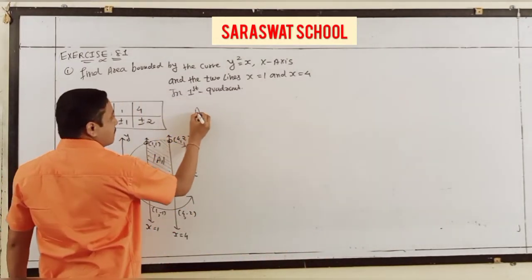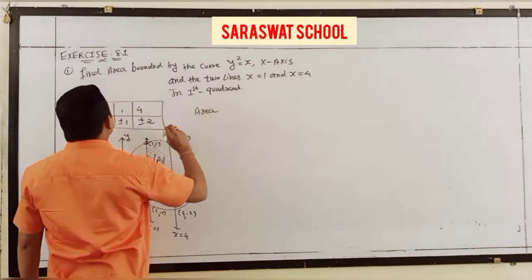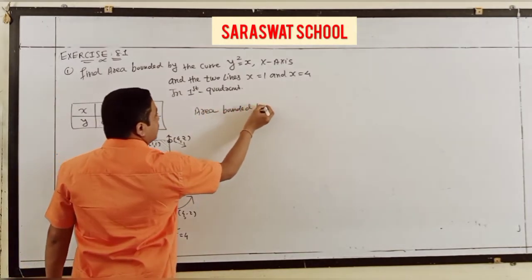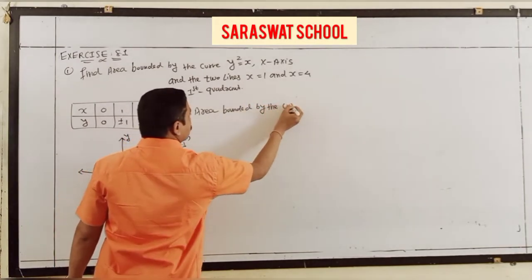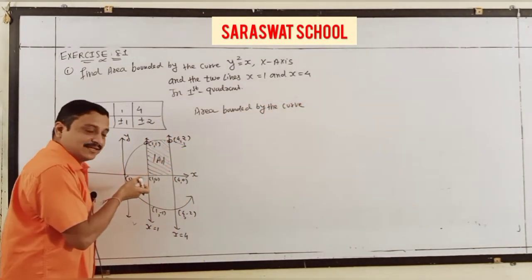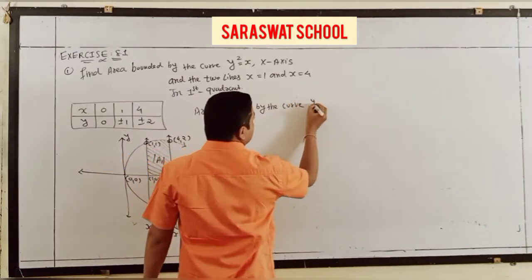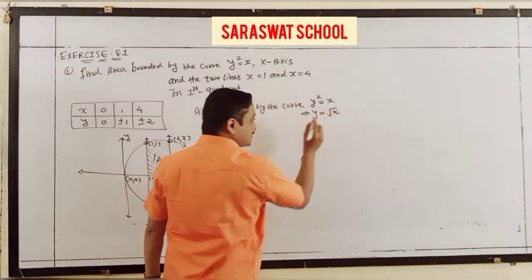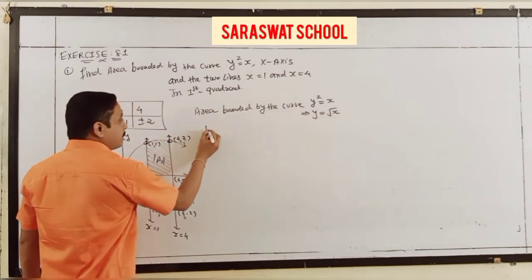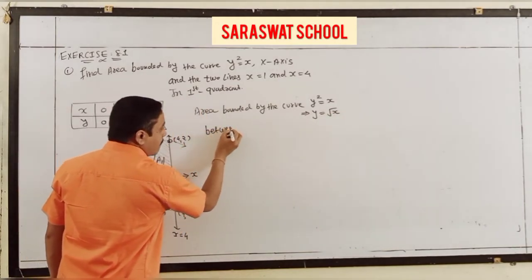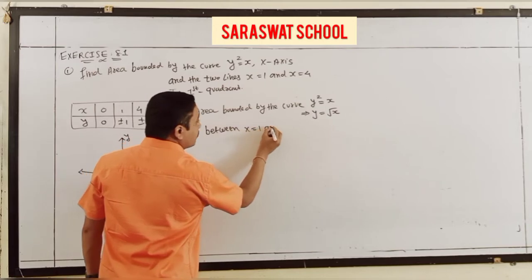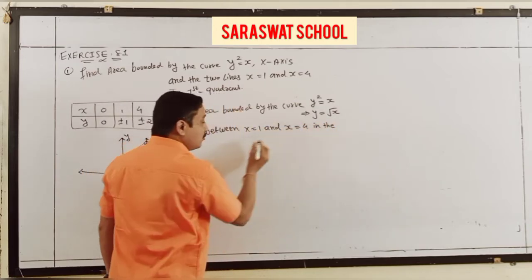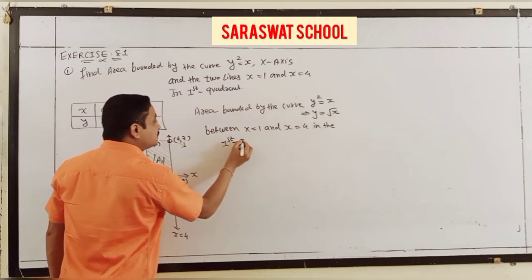So area bounded by the curve, I will take here on the x-axis. So my curve is what? y square is equal to x. So can I write here y is root x, between x is equal to 1 and x is equal to 4 in the first quadrant.